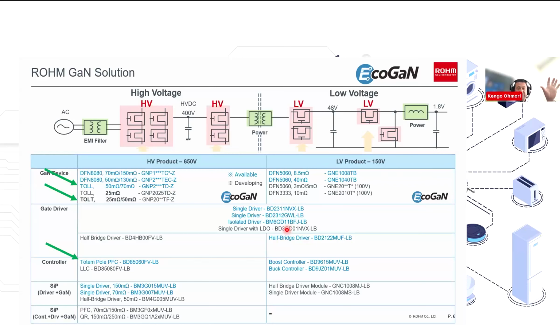Module is easy to use because the gate driver is already there, but less flexibility in terms of gate driver selection. So that's why we are offering module as well as a discrete solution. That way, customers can choose whatever they want. That is our strategy.